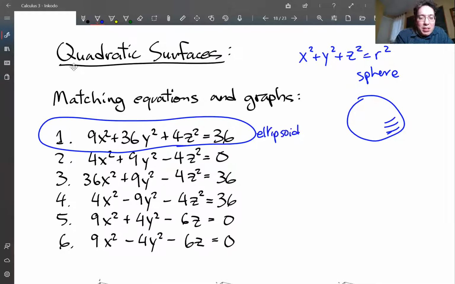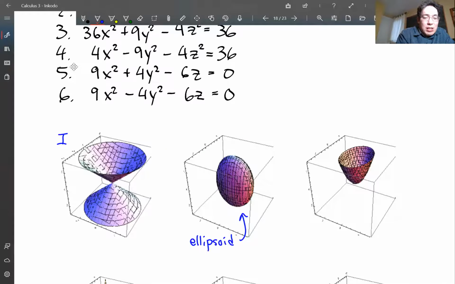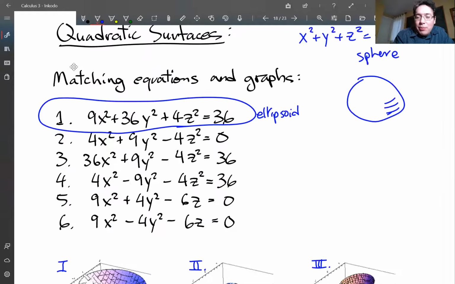So maybe I will name these pictures in Roman numerals. And that's 6. Okay. So this would be an ellipsoid. That's picture 2.